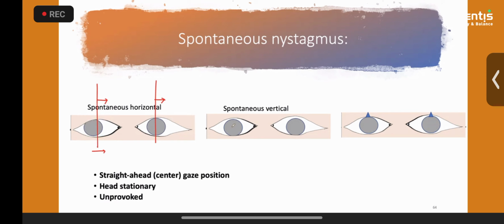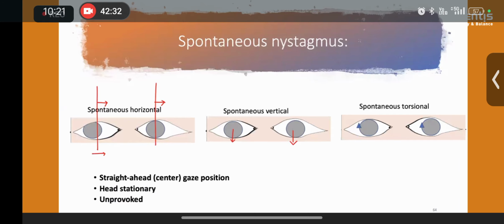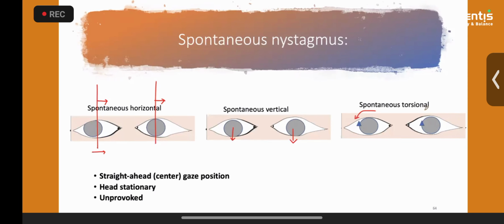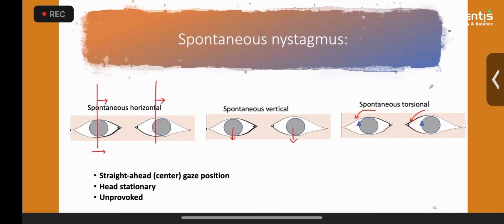If you look at this nystagmus, this is beating down. It is a spontaneous down beating nystagmus. Why is it called spontaneous? Because it is in the center gaze. Now, if you look at this particular nystagmus, the upper pole is beating towards the right side. So it is a torsional, dextrocyclo, spontaneous, pure torsional nystagmus.